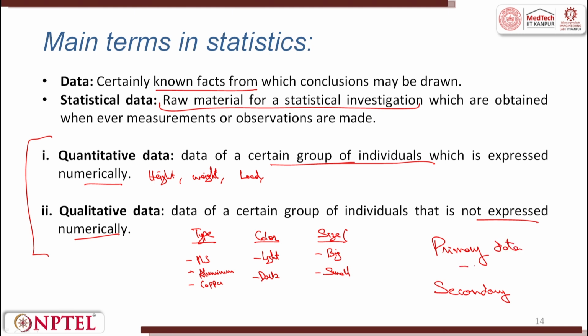Data that is taken from observations or experimentation, that is primary data. Secondary data is taken from existing records, that could be your journals, handbooks, etc.